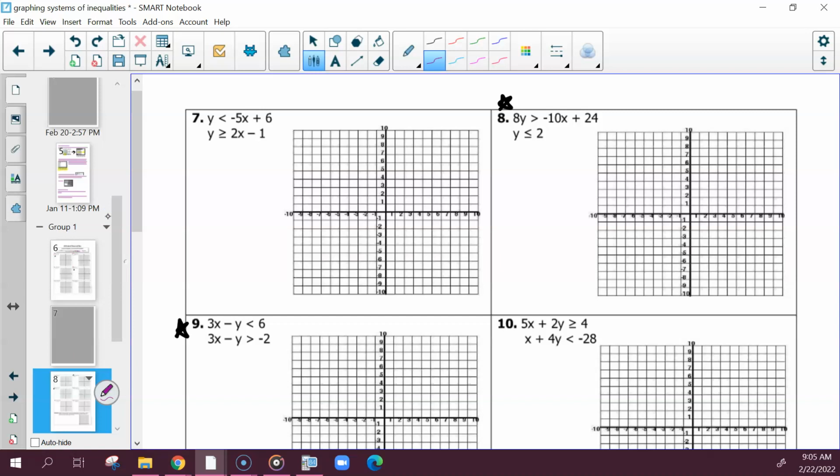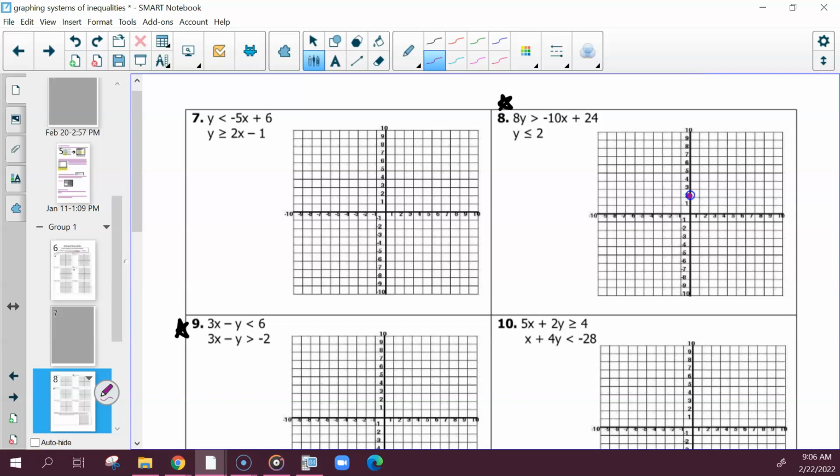Okay. So for number 8, I'm going to go ahead and do the ones you don't need to solve for first. How would I graph this? And 2 on the y-axis, so like this. And then drawing the solid line going across. Yeah.